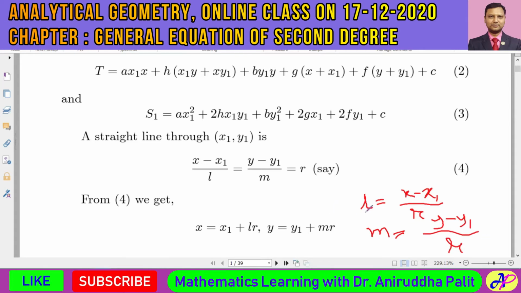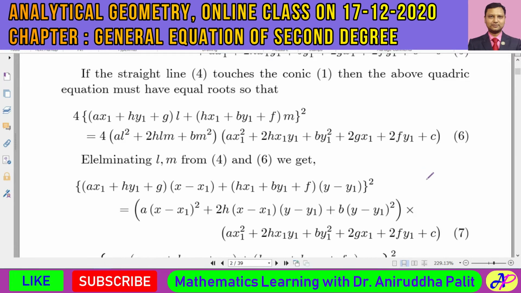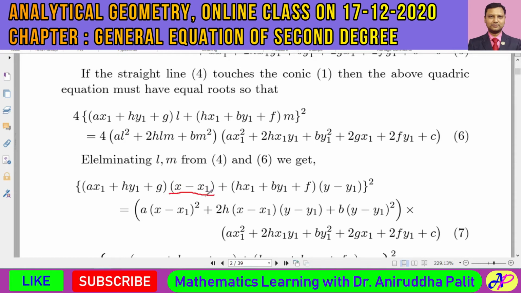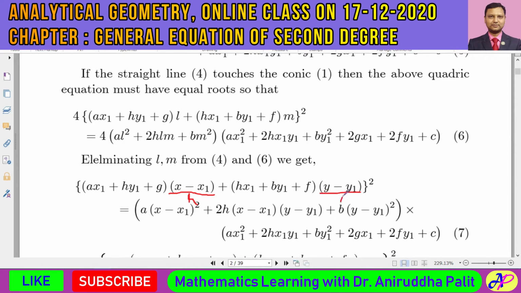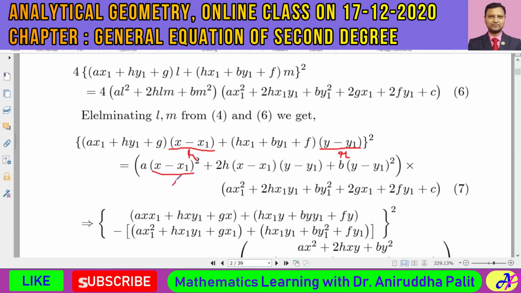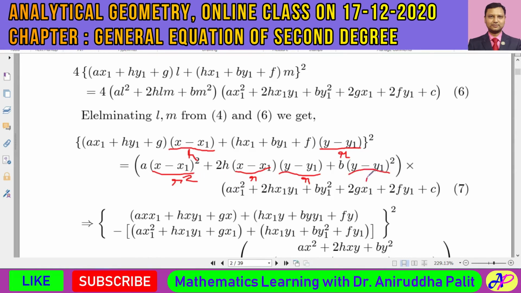Alright. So if we now put these expressions of l and m in this equation number 6, then what shall we have? We shall have x minus x1 divided by r over here and y minus y1 divided by r over here. Similarly, on this portion we shall have this divided by r, this divided by r. So 1 by r square would come over it.